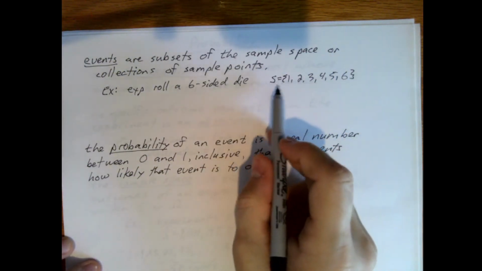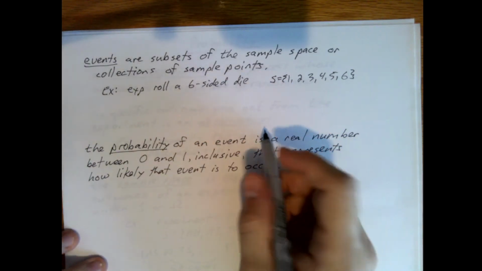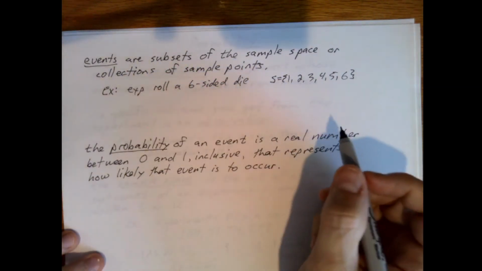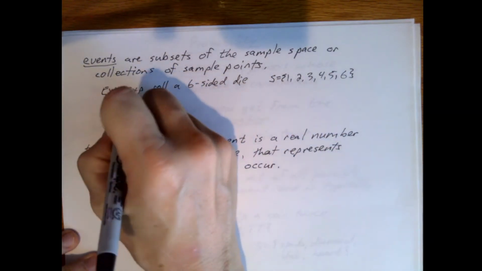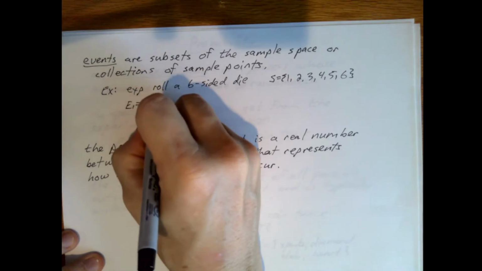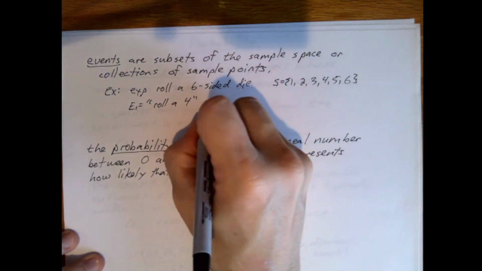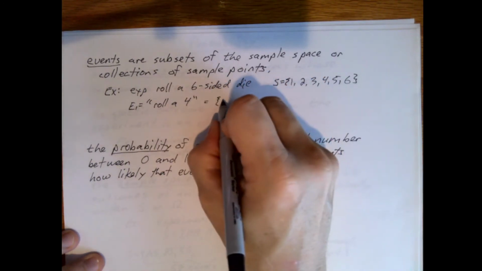That seems like the most reasonable and most obvious sample space, but we could choose others. So what events might we use with this? Event 1 might be roll a 4. And in terms of subsets, that would just consist of the 4.